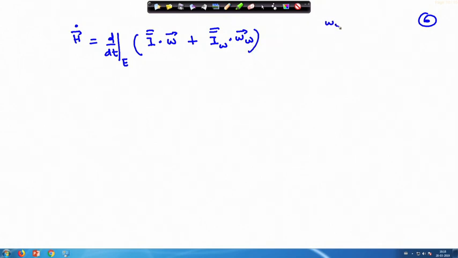H dot means d by dt with respect to the E frame, we have to work with omega w, this is equal to omega plus omega s.